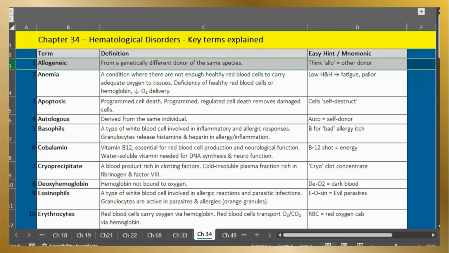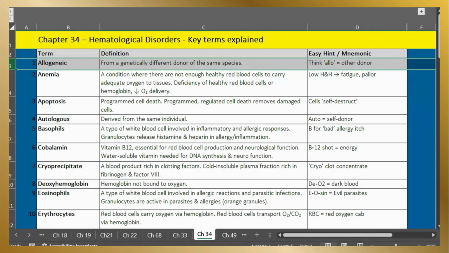So you talk to another person, allogenic. I think you will always remember this. It's used in stem cell or bone marrow transplants, so it requires close matching to reduce rejection risk.